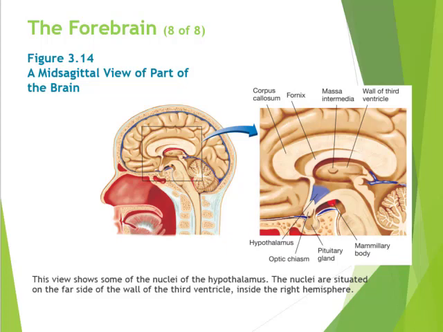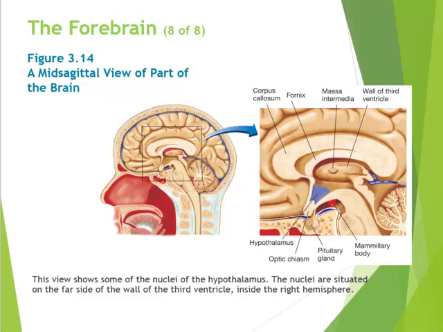The thalamus projects information to specific regions of the cerebral cortex and also receives information from the cerebral cortex. The hypothalamus is very important for the control of autonomic nervous system and endocrine functions.